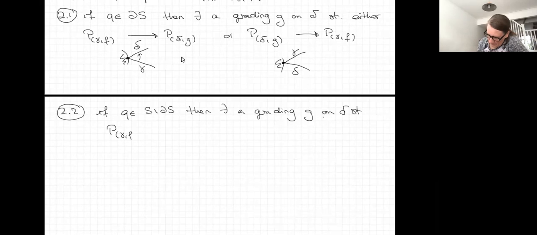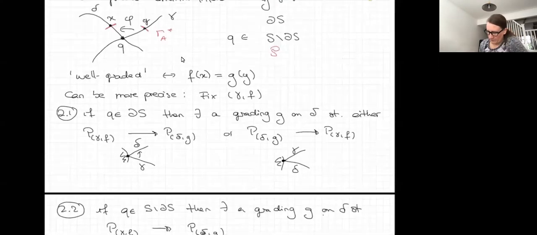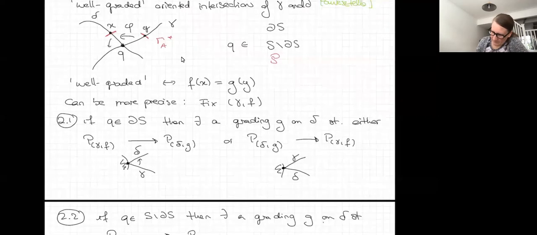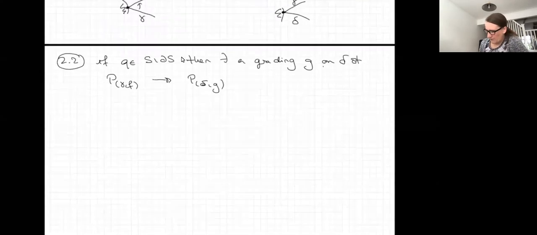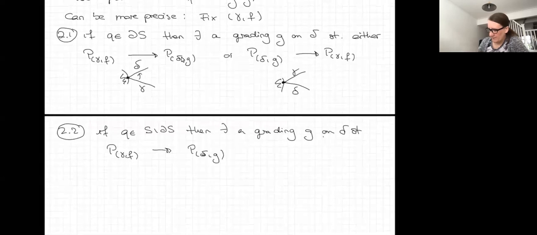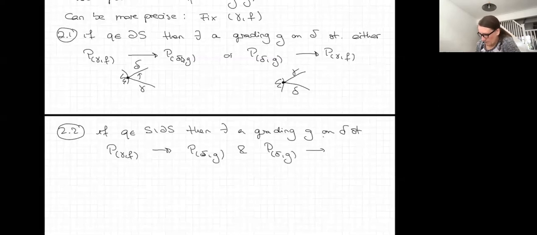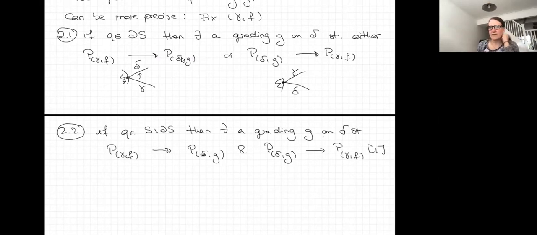Namely, we have one map from P gamma F to P delta G. But of course, if you look here, we can also have an intersection here, and then there should also be some other map psi over here. And this is precisely what we find: the same grading, if we shift it, either shift it or shift the other one, we get a map here. Okay, so we get two maps.